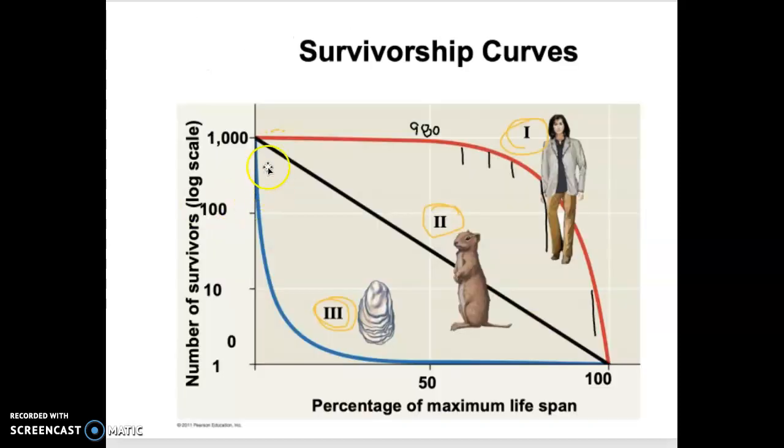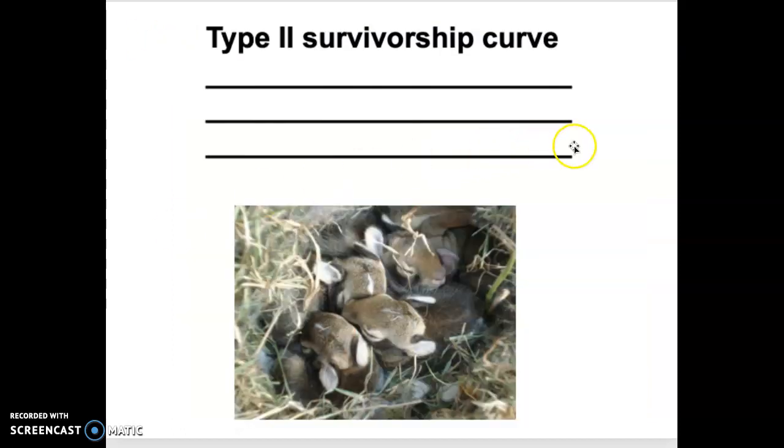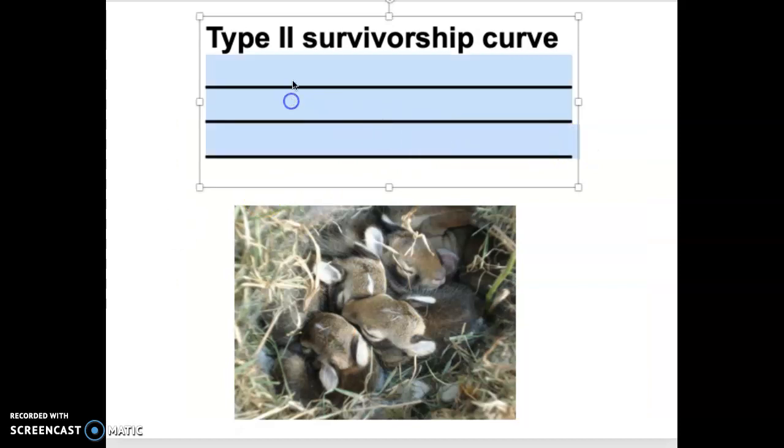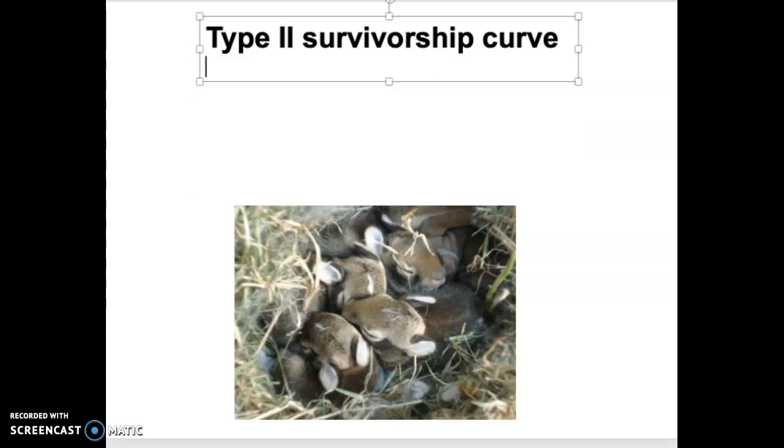Type 2, notice the slope here. So you start out at 1,000 babies at the beginning. Every day somebody's dying. You're seeing a big reduction in your population size every single day, week, year, etc. So when we talk about type 2 survivorship curves, let me make some adjustments again.